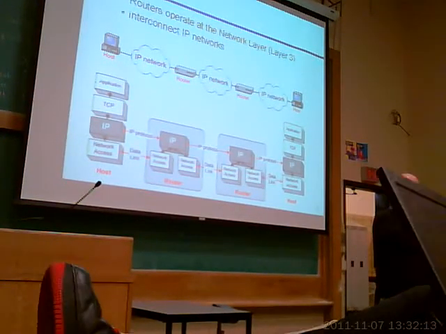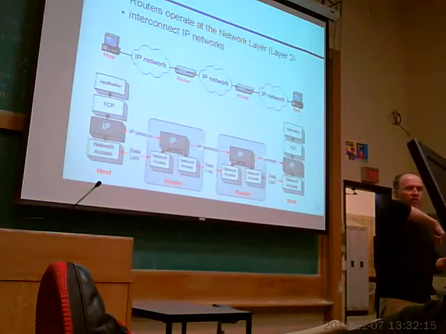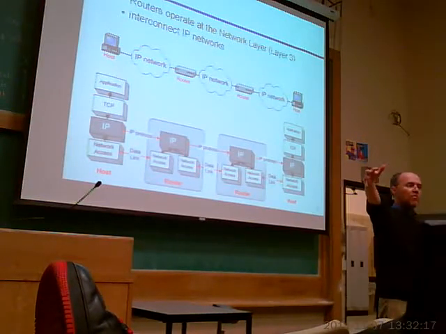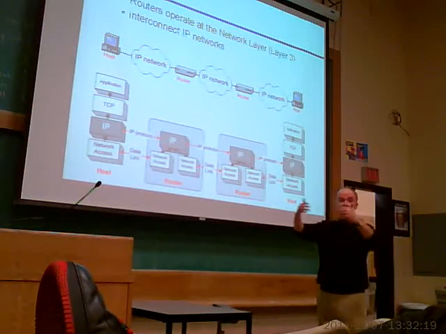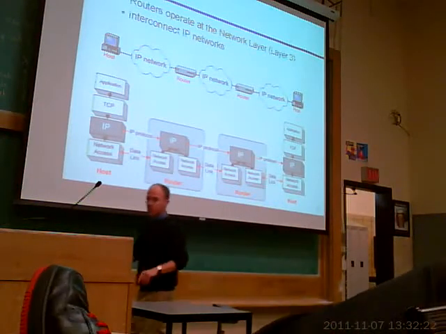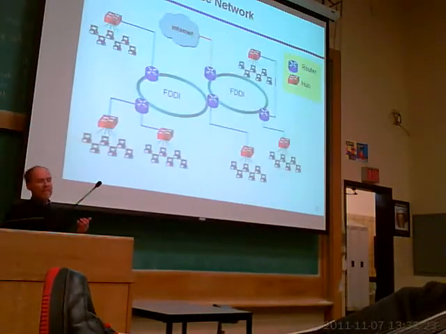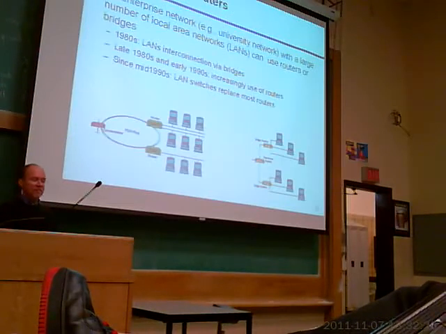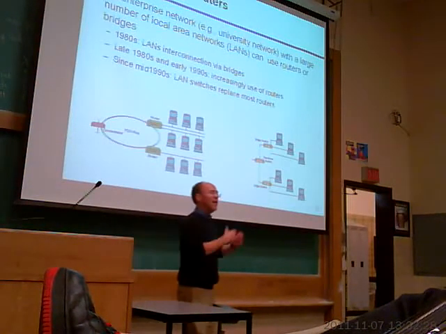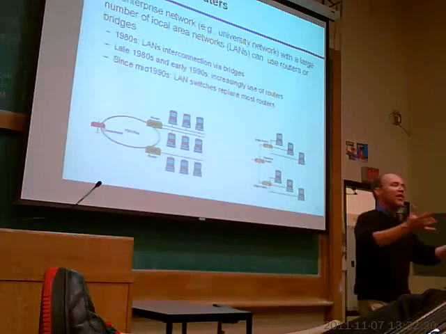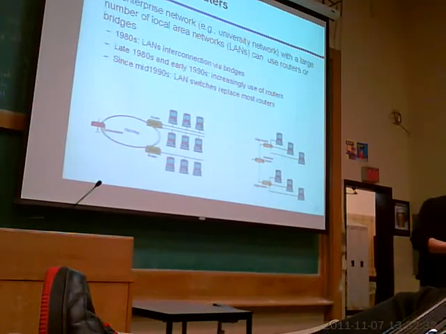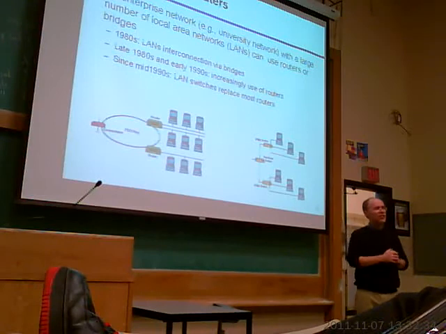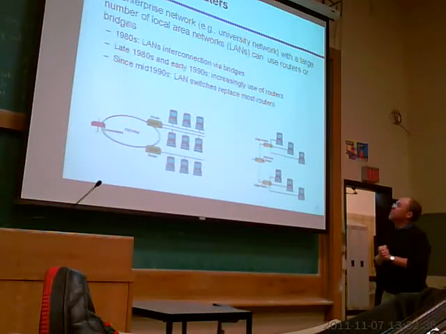You have routers that do routing internally on the campus, and connect to an external router that then connects to other autonomous systems. You understand that? So why does one do routing also at the data link layer? That's essentially a cost issue, and it's there for historic reasons.